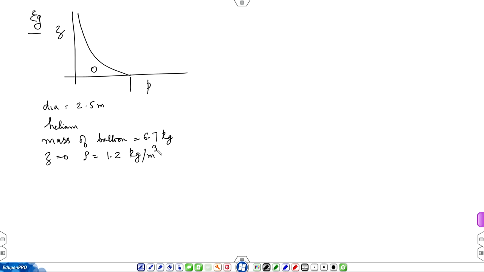Okay. If that exceeds 6.7, then you know buoyancy is greater than weight, and then the balloon will tend to rise. Okay. So, the problem is stated in such a way that indeed it is going to rise. Okay. So, first is show that balloon will rise.